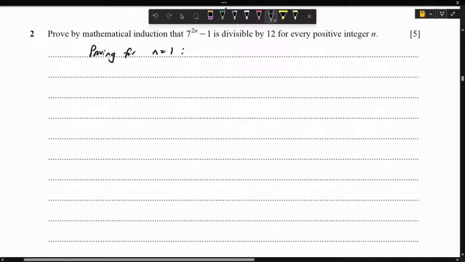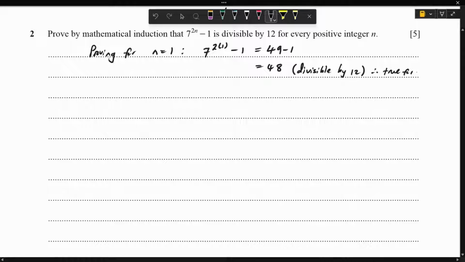So for n is equal to 1, we can say 7 to the 2 of 1 minus 1 gives us 49 minus 1, which is 48. And 48 is indeed divisible by 12. Therefore, it's true for n is equal to 1.